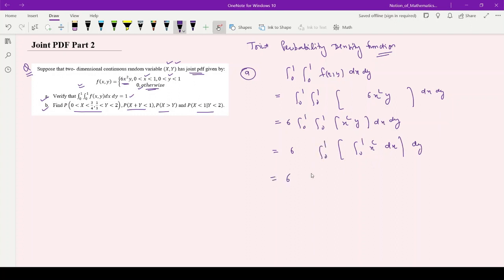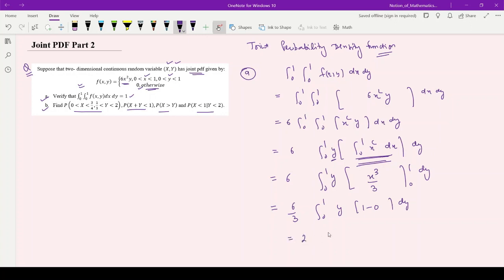For this particular integration, it will be x³/3, from 0 to 1. And one more thing here: with respect to x, y is treated like a constant, so y will also be here, 0 to 1 y dy. So it would be now 6/3, the integral 0 to 1 of y, times (1 minus 0), into dy.